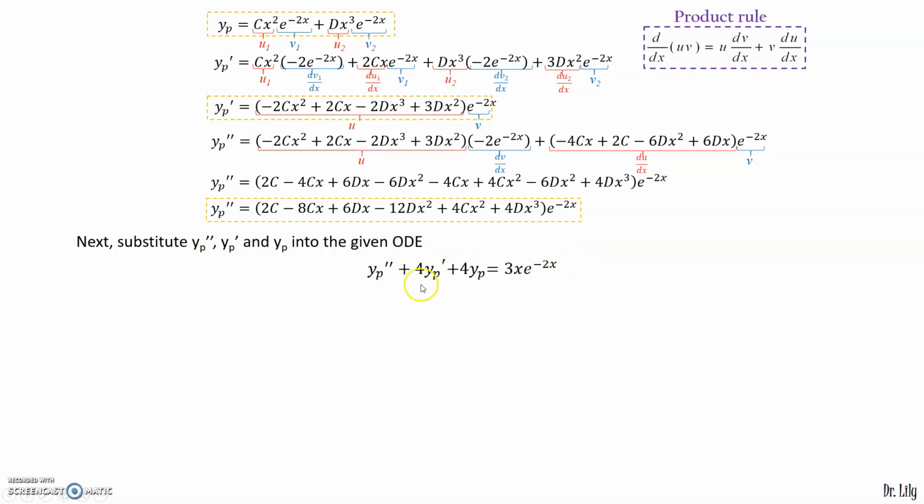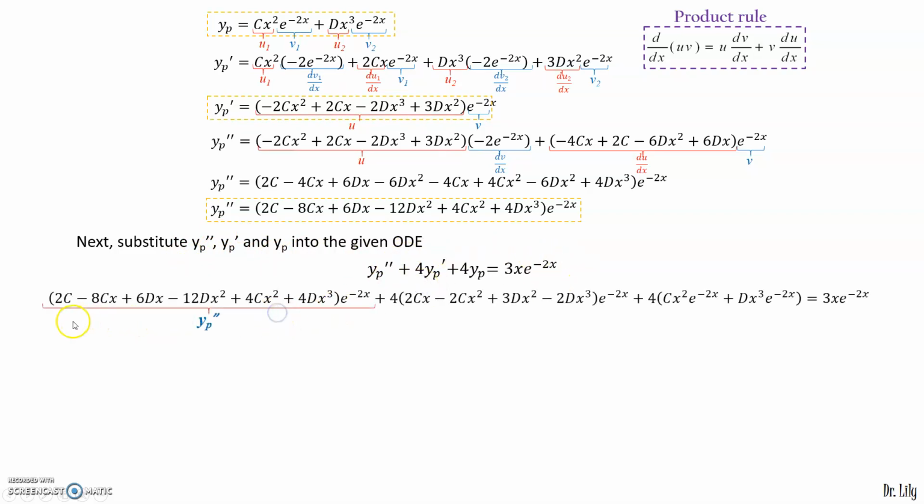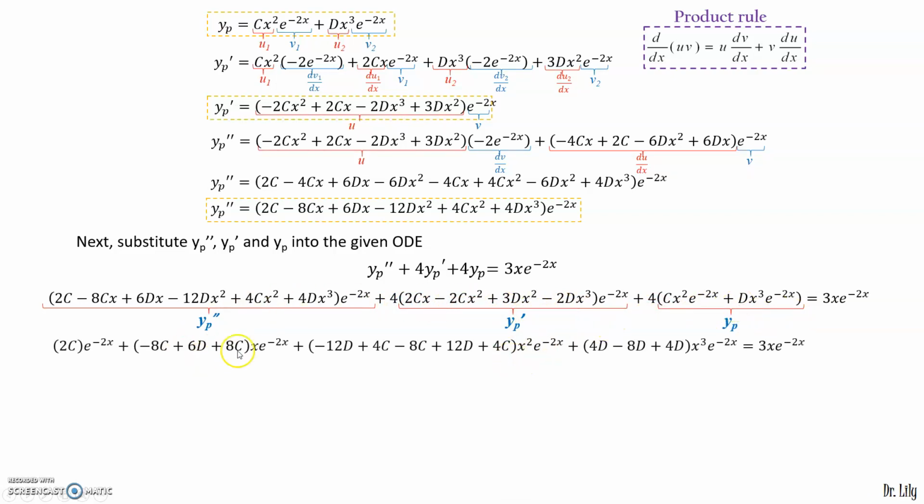So this is the given ODE. This equation represents yp double prime, this equation represents yp prime, and this equation represents yp. Next we rearrange the equation according to its coefficients. So here I have 1 coefficient, 2 coefficient, 3 coefficient, and 4 coefficient.